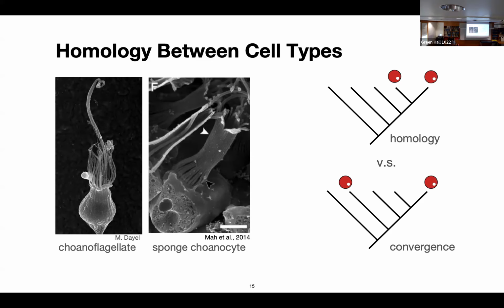But we can see that recently, morphological, developmental, and transcriptional data suggest that maybe these two cell types are convergent. So we can answer this question with the cell phylogeny. Do these cell types form a clade? So we can go further and examine the evolution of the collar itself through an ancestral character state reconstruction on the cell phylogeny.